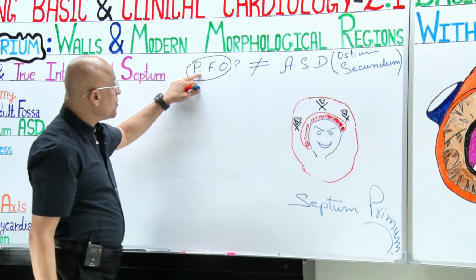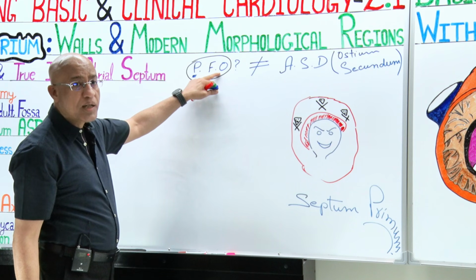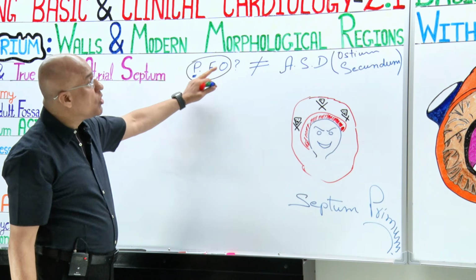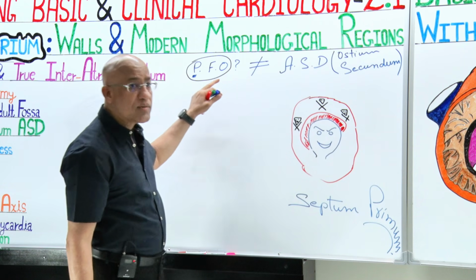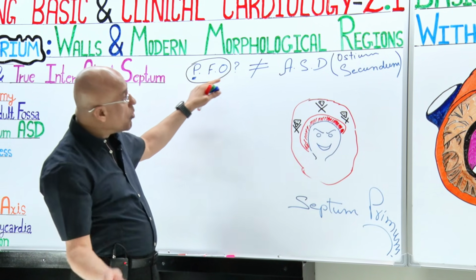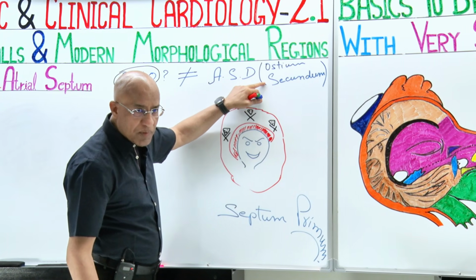Patent foramen ovalis is just considered a normal anatomical variant, right? It is not an atrial septal defect. And how is it different from the most common atrial septal defect, which is ostium secundum?